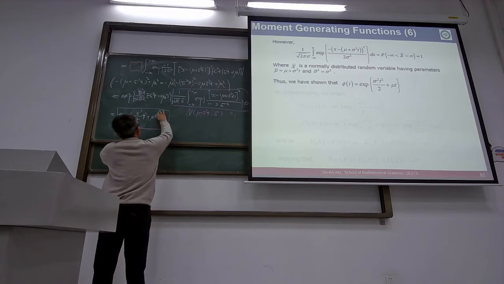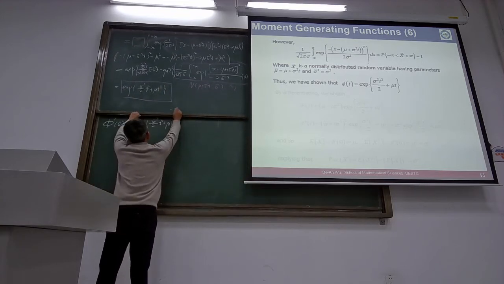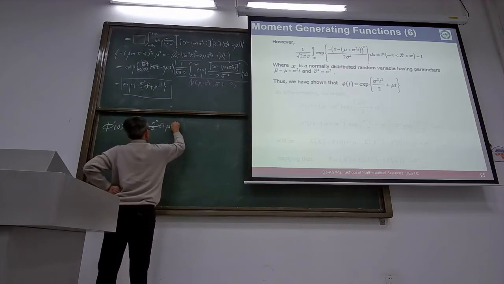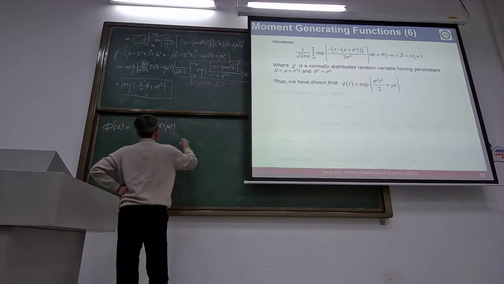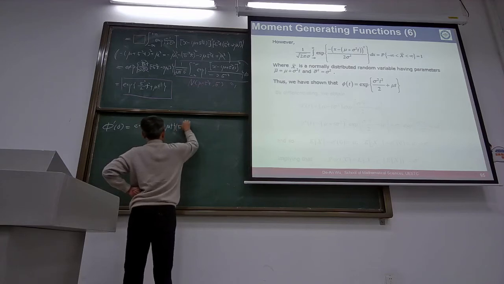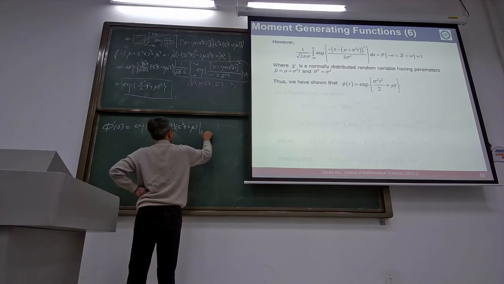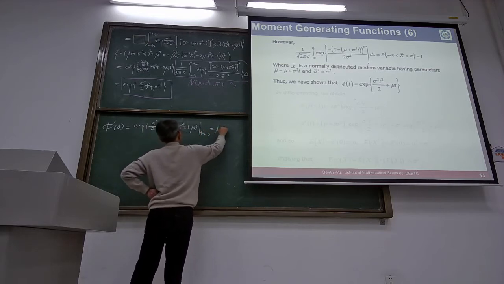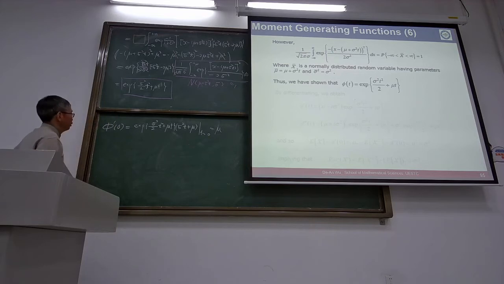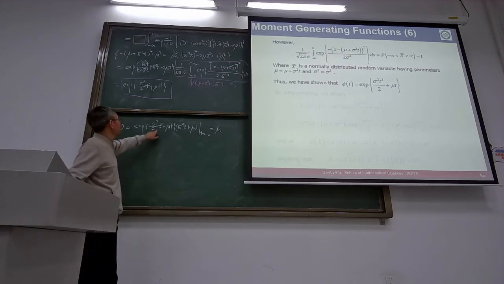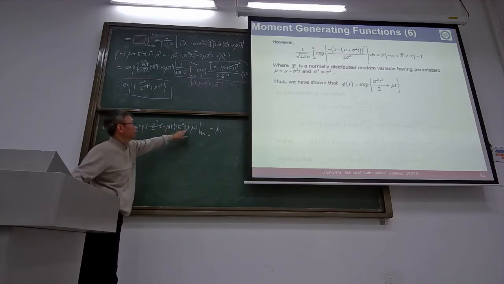Here we only have one t, by sigma squared t plus mu, evaluated at t equals 0.